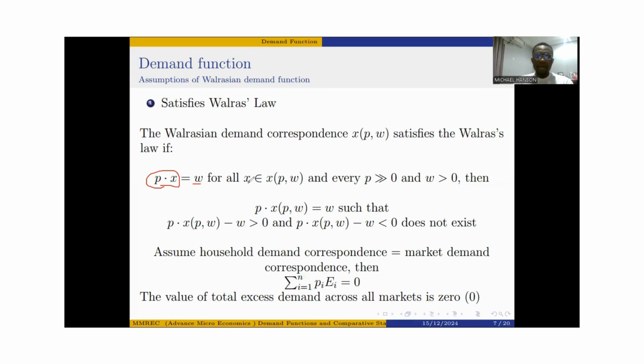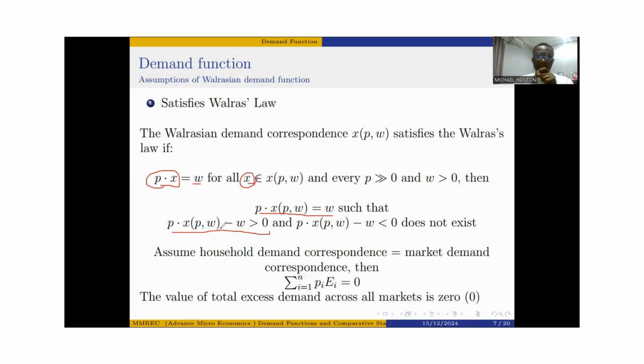Okay, so for any demand function, any choice bundle, which depends on price and wealth, we are saying that the total expenditure should be equal to the wealth. In that sense, any expenditure over wealth, a positive effect, shouldn't exist.